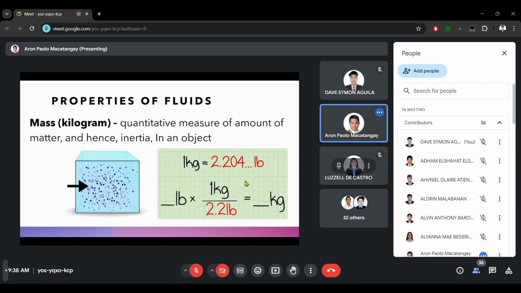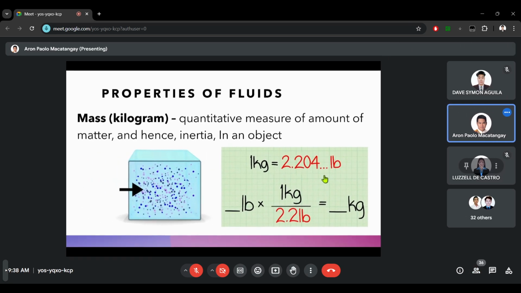So for uniformity, when converting with pounds, we will be using 2.204 as our consistent conversion factor, including the 0.004, not just 2.2. 2.204 will be our standard, no matter how many significant decimal places is prescribed. When converting values, we will always use 2.204.